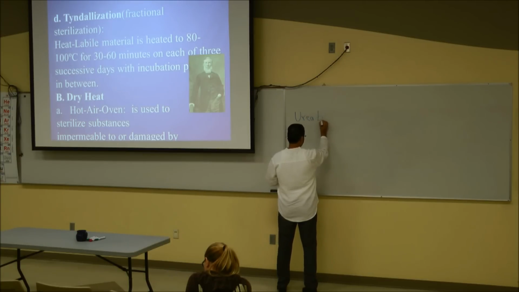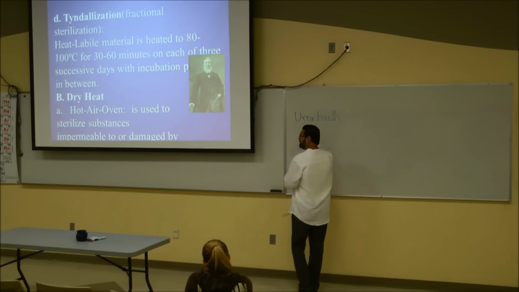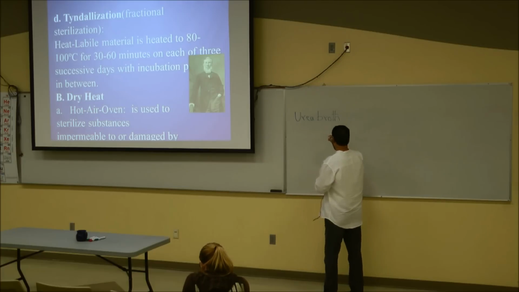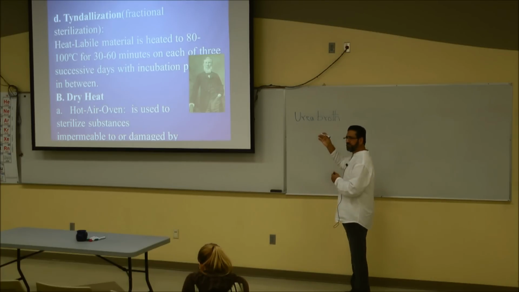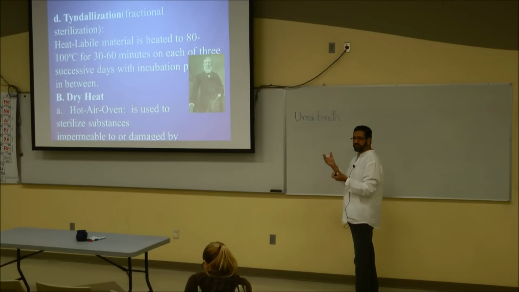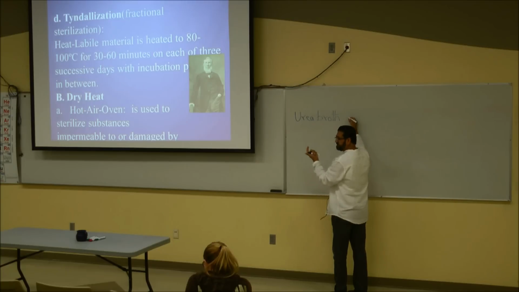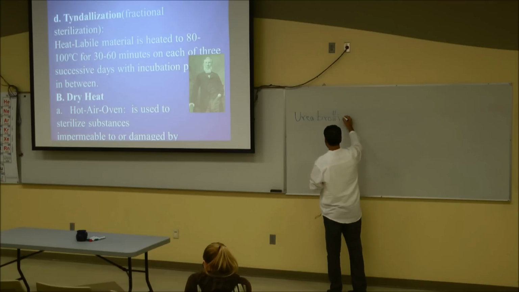I've not used it in a long time. It is heat sensitive. So how do we sterilize it? Nowadays there are better techniques. The best way to sterilize it is filtration. But in his days there were no membrane filters available. So he came up with this idea.